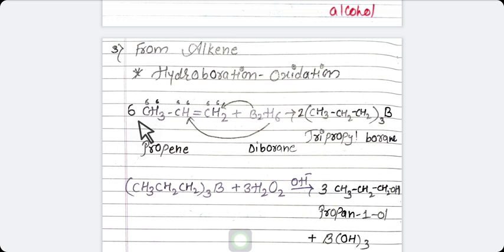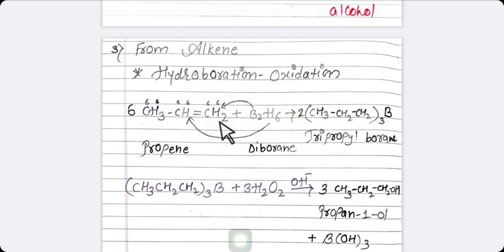The quantity of propene is 6, meaning carbon 6, hydrogen 6, 6 threes are 18, again carbon 6, hydrogen 6, then carbon 6, and hydrogen 6 twos are 12. Here boron 2 and hydrogen 6. These 6 hydrogen attach with the CH group, and boron is attached with the CH2 group.